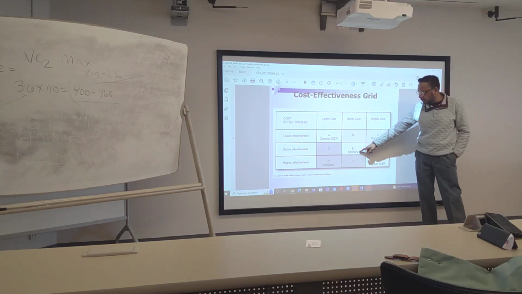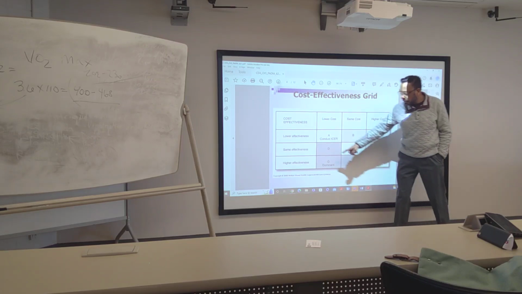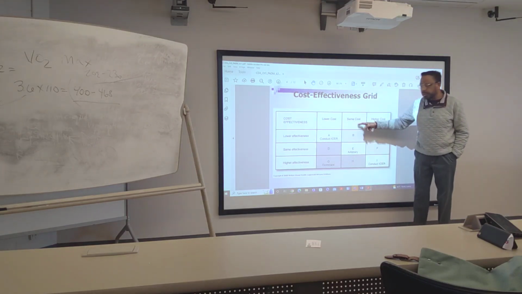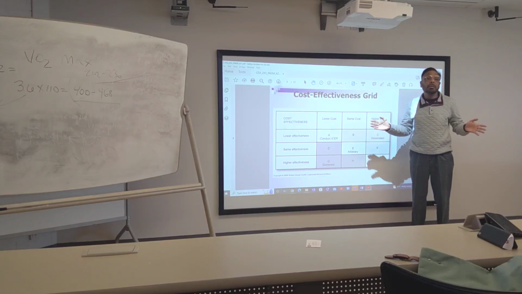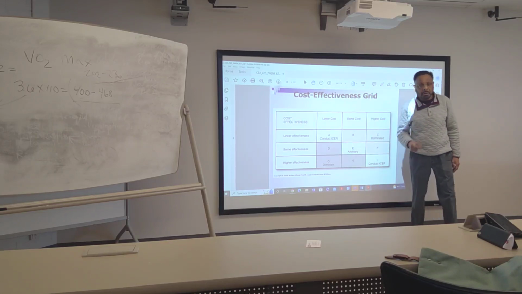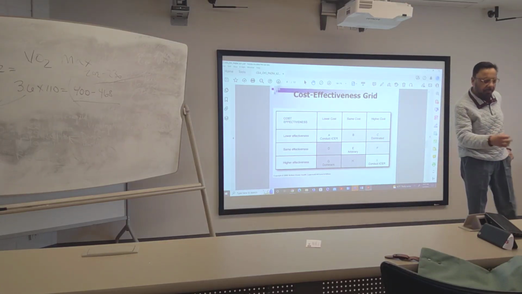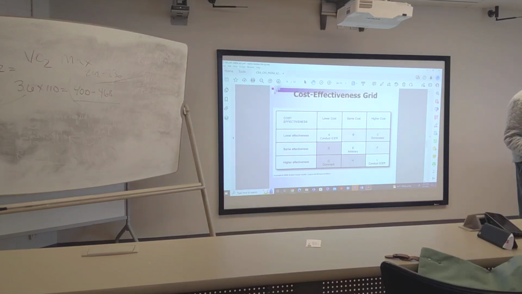Why is E said to be arbitrary? You want to do it or not? Why? Same effectiveness, same cost, right? You still might make a decision. You might say, look, make it on something else. The pill size is smaller or bigger, right? Or it tastes bad or good. Or you make a decision based on side effects. But typically it's arbitrary.